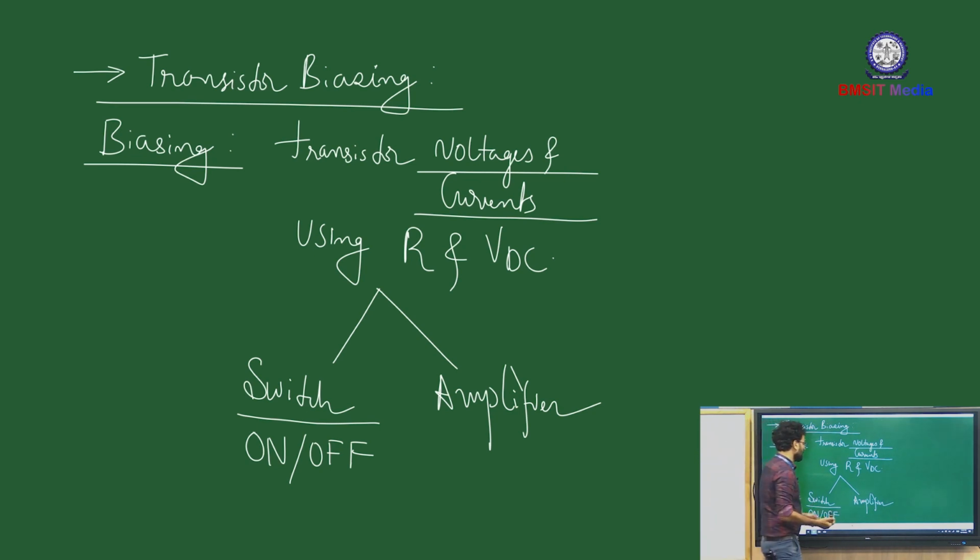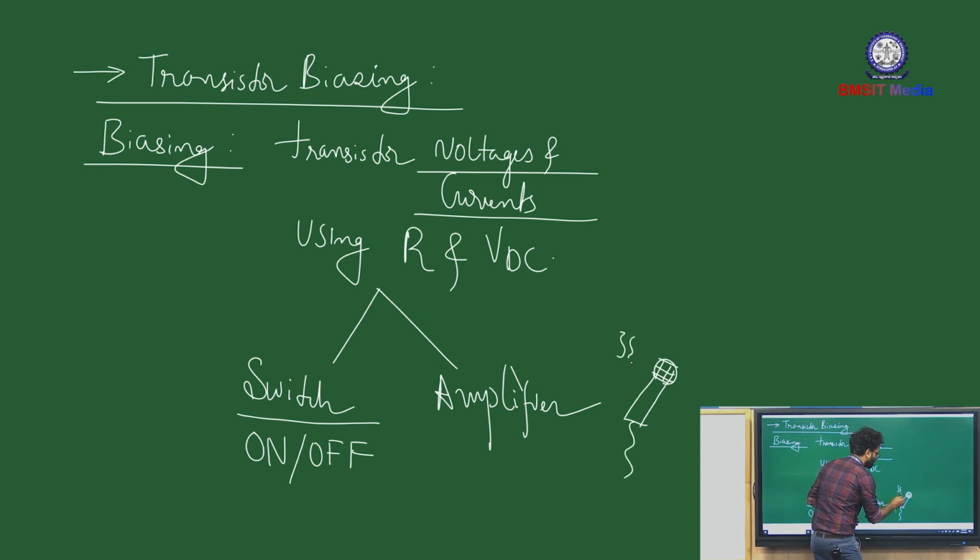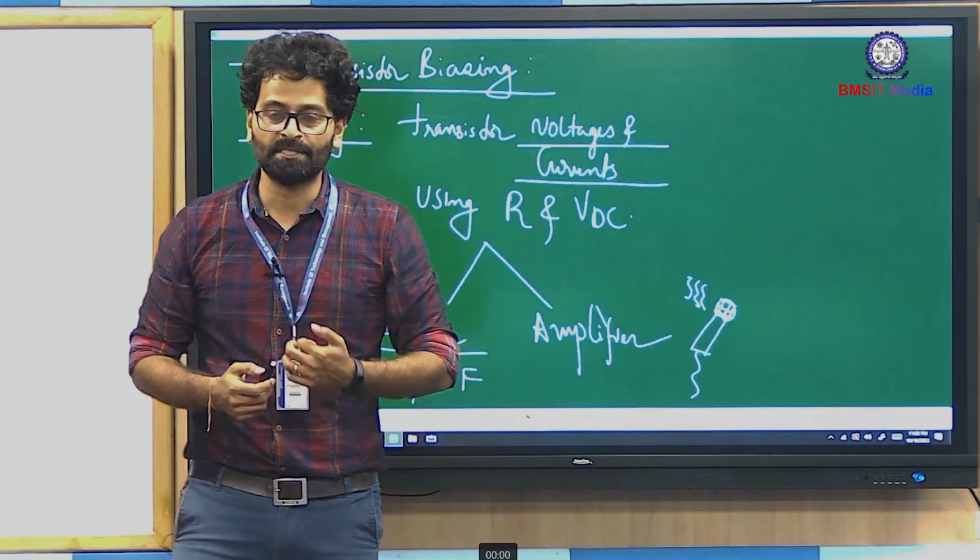Okay, and in case of an amplifier, what we do is, let's say you have a low amplitude input signal. For example, you have a microphone. In the microphone, we utter the voice, right?